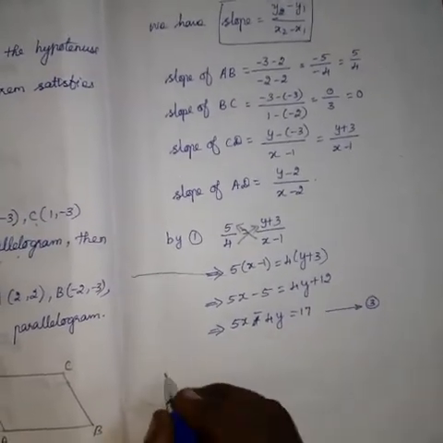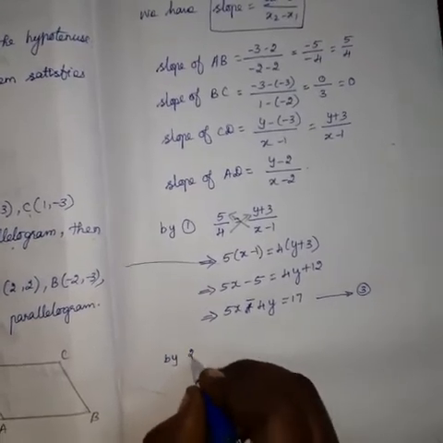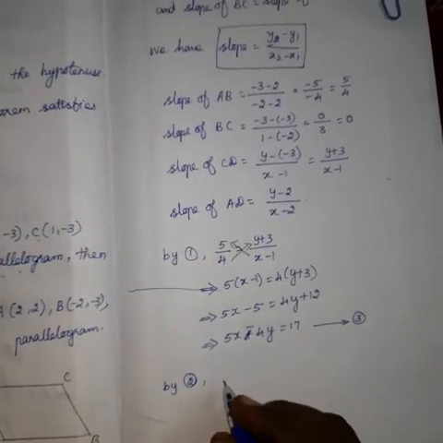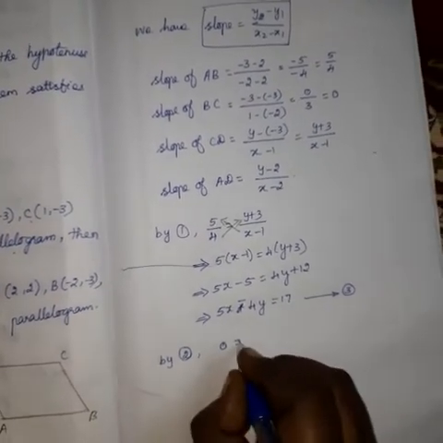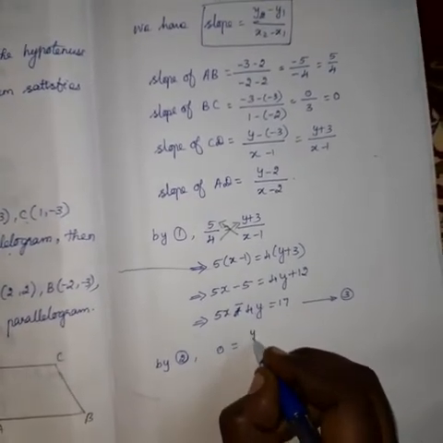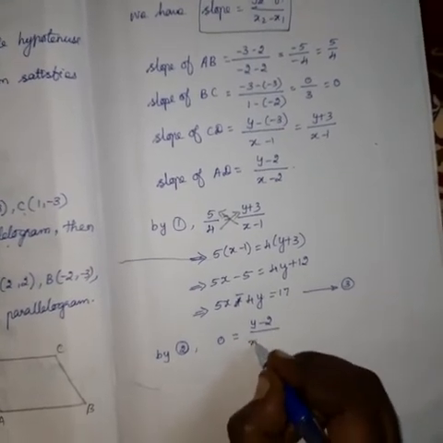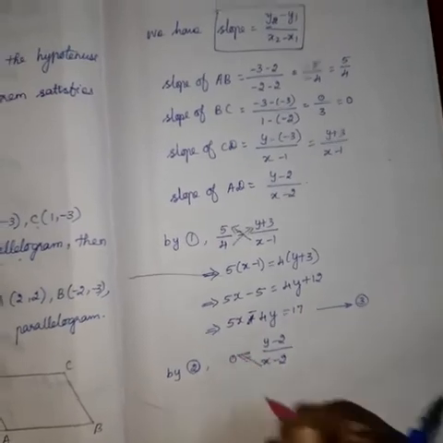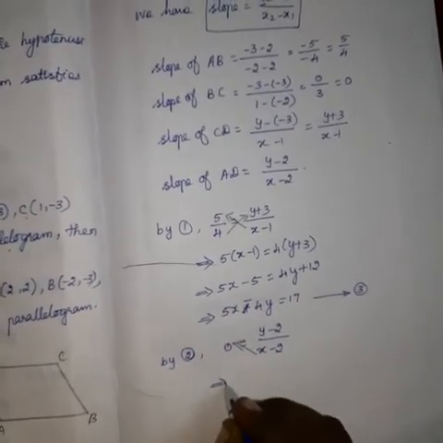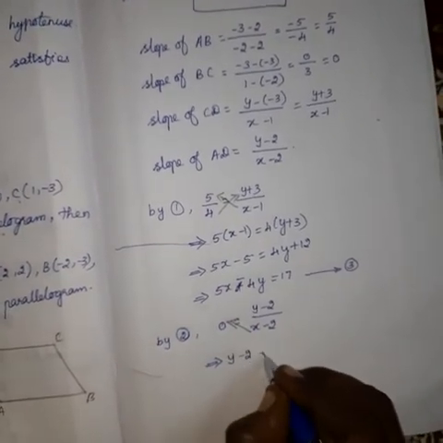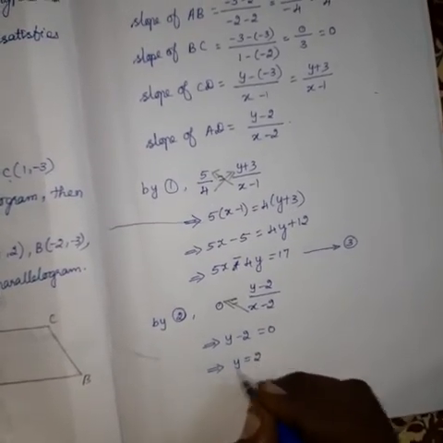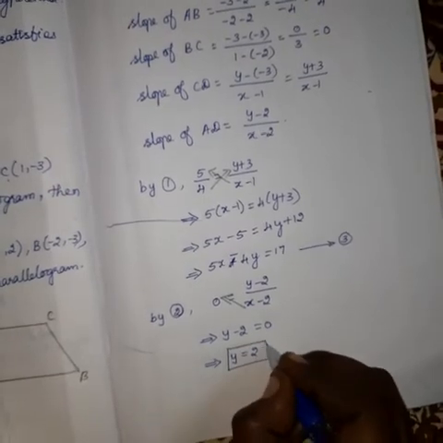Then using condition 2, slope of BC, that is 0, equal to slope of AD, that is y minus 2 divided by x minus 2. Now when you cross multiply, you get y minus 2 equal to 0, which implies y is equal to 2. So you got the value of the variable y.